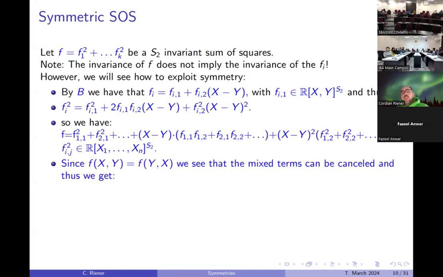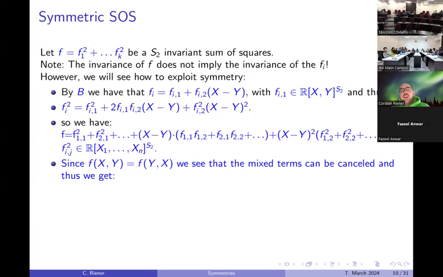So now, of course, I want to use that. This, of course, also would have worked for any other polynomial. So far, we have not used that f itself is invariant. But if I now interchange x and y, you see what happens to the middle terms: I switch x with y in this factor in the front, and I get the negative of that term back. Yeah?